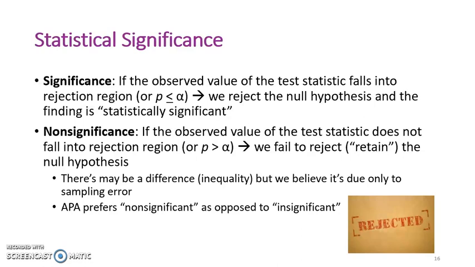Non-significance is when the observed value of the test statistic does not fall into the rejection region, or when p is greater than alpha. That's when we fail to reject the null hypothesis and determine that there is no statistical significance. Note that APA, when we report these, prefers us to use the term non-significant as opposed to insignificant.